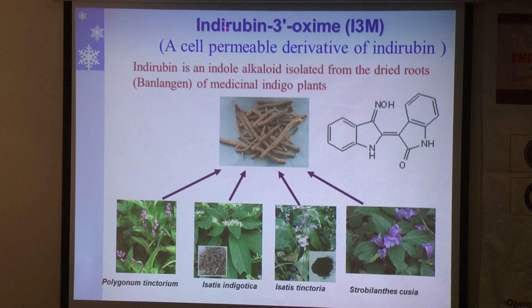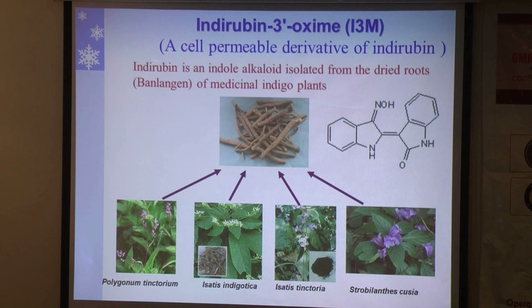We try to look for natural compounds, and one of them is called indirubin-3-oxime. You can see here, this is a cell-permeable derivative of indirubin. The basic structure of indirubin is an alkaloid, a Schiff base derived from natural products.